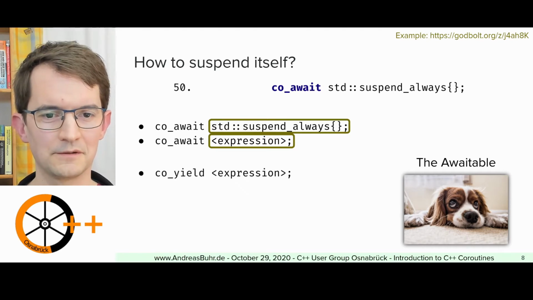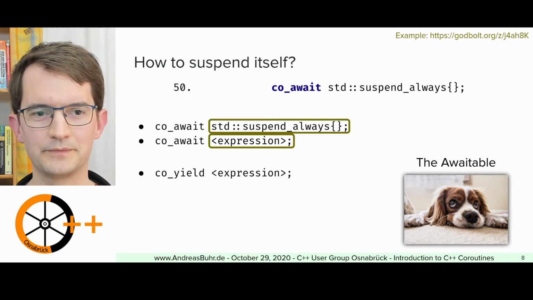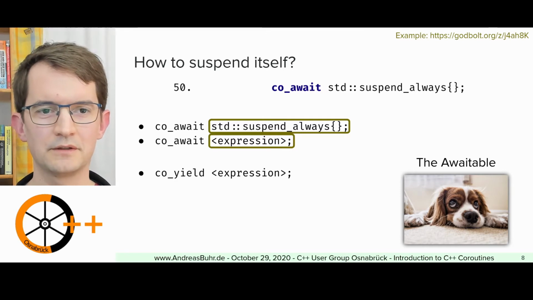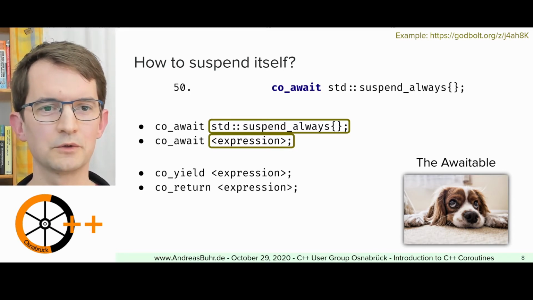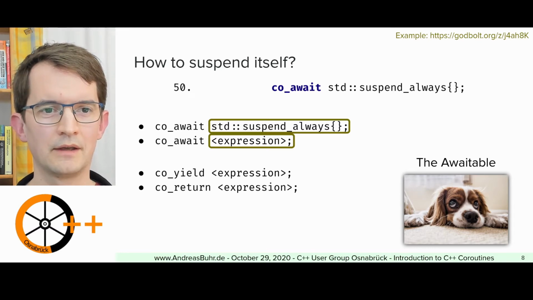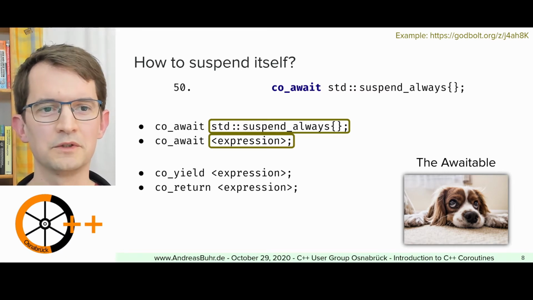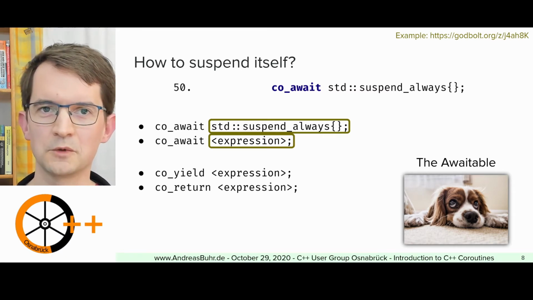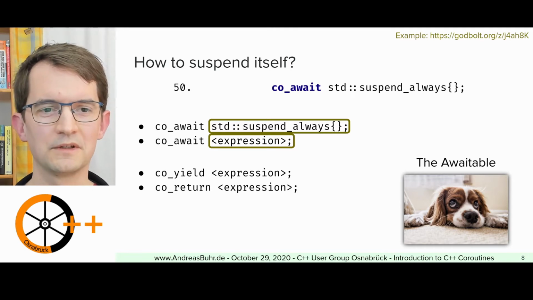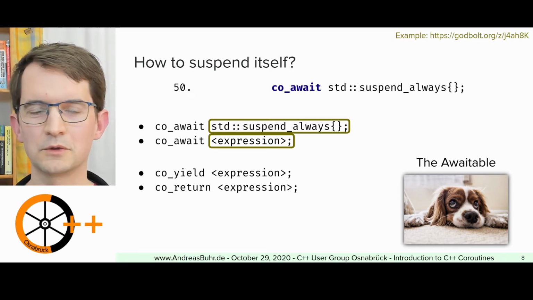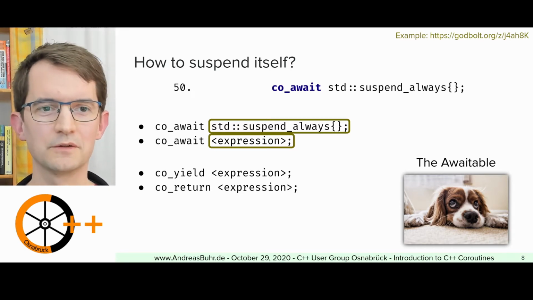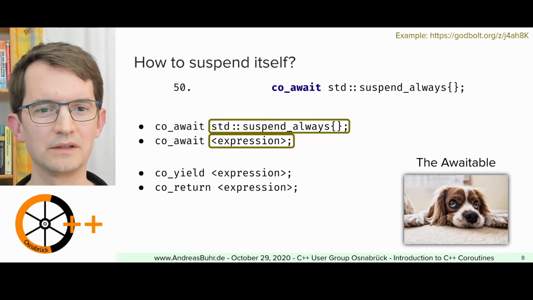Besides that, there is also co-yield for yielding a value out of the coroutine, and co-return. It is these three keywords that we got: co-await, co-yield, co-return. As soon as you use one of those three keywords in a function, it is a coroutine, and you must not use return in a coroutine.